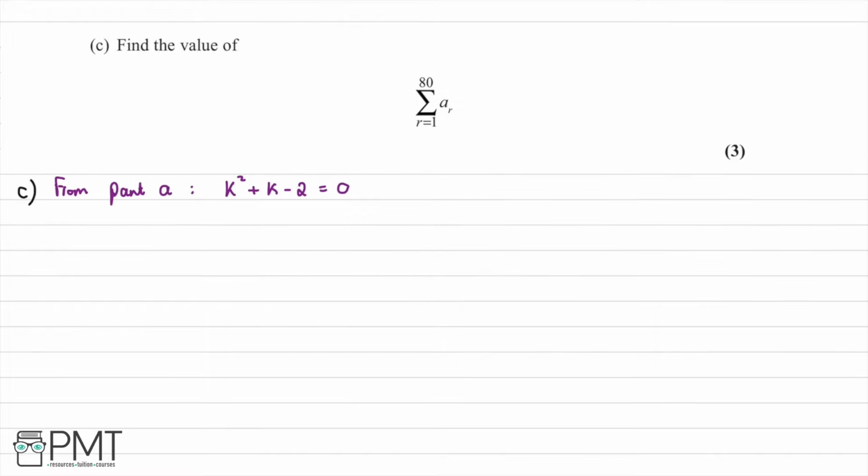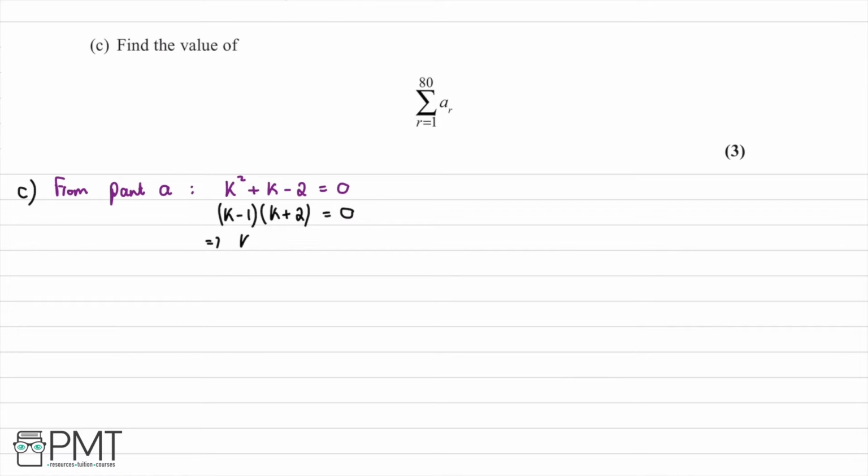So now in part C of this question, we're asked to find the value of our sequence from r equal to 1 all the way to 80. So we recall in part A that we had our expression k squared plus k minus 2 is equal to 0. So if we solve this for k, we take out factors of negative 1 and 2, so this is going to be k minus 1 and k plus 2, which is equal to 0.